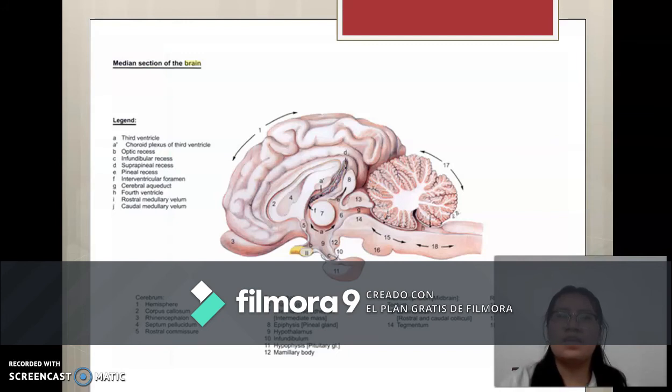Then we have the infundibulum, which is a funnel-shaped part of the gray matter connecting the hypothalamus and the posterior pituitary. As I explained previously, you can see the ventricles: the first, the second, the third, and the fourth ventricles. Pituitary gland, it controls the autonomic nervous system.